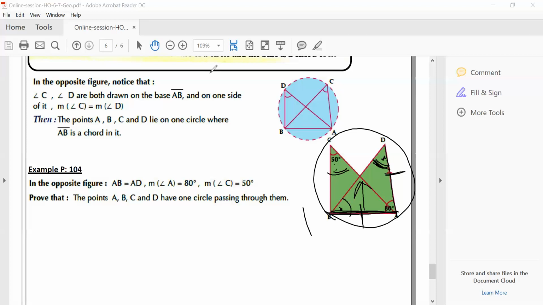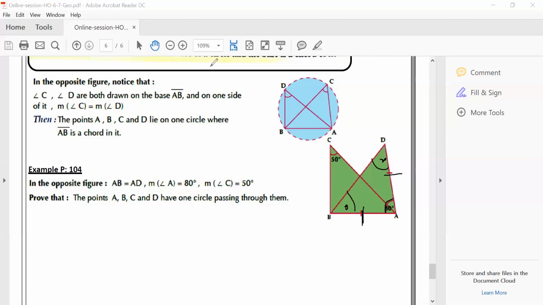So how to get measure D? Anyone can help me? We said measure A is 80. These are two equal sides. Measure B equals measure D. Anyone can get for me measure D or B? Lamis, can't you?